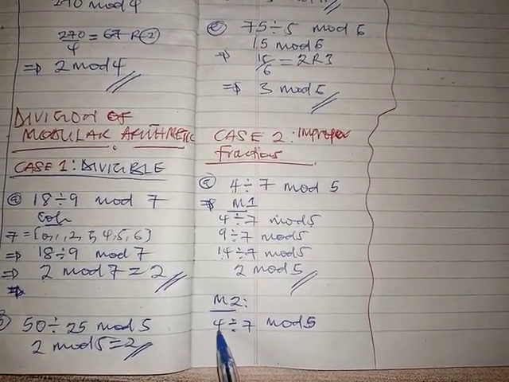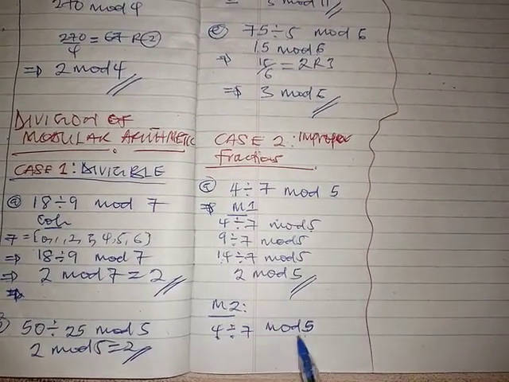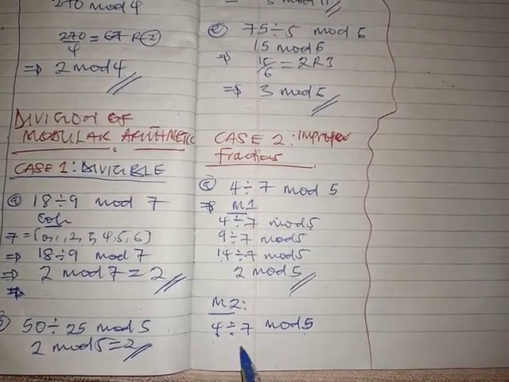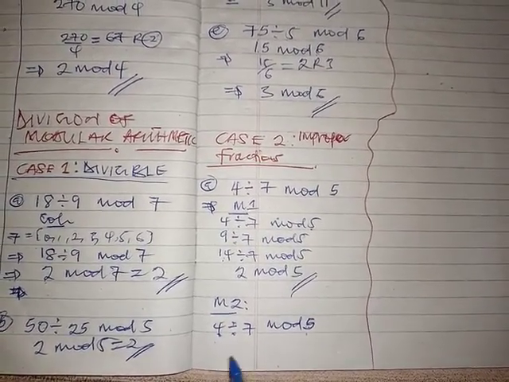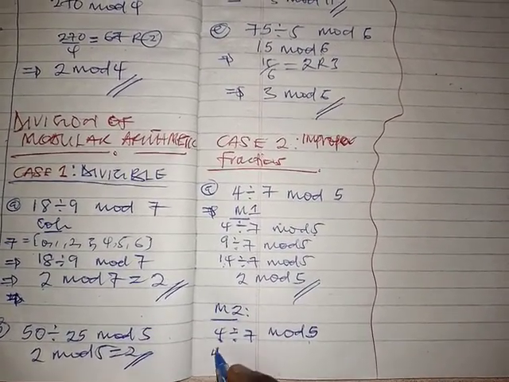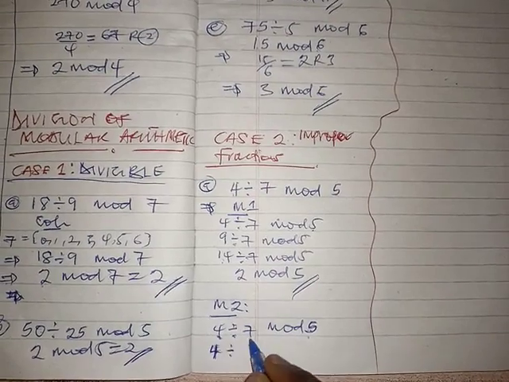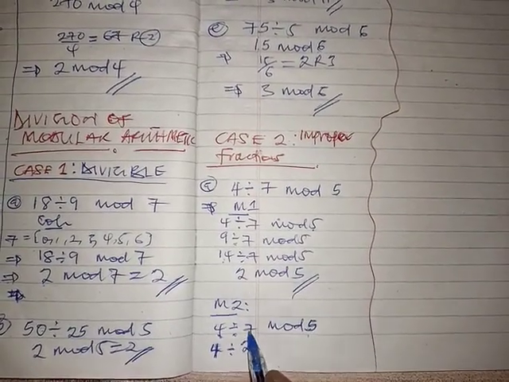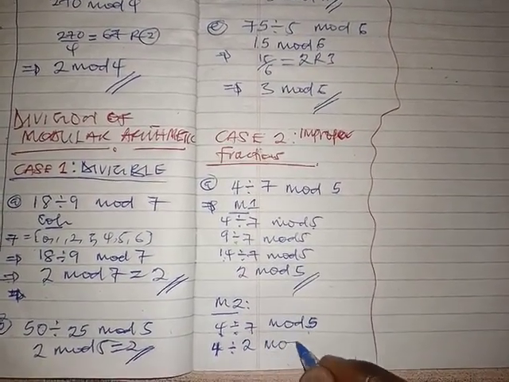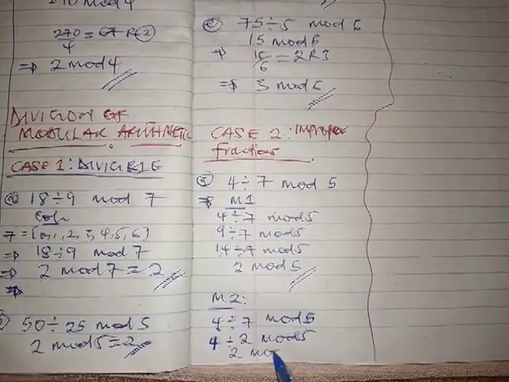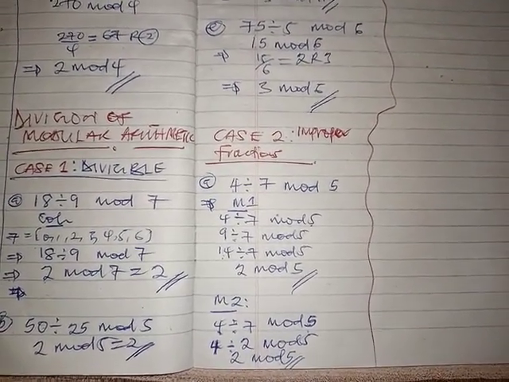Now 4 under mod 5 is still 4. 7 under mod 5 is 2, because 5 will go into 7, 1 remainder 2. And 4 divided by 2 is 2. So that's the answer.